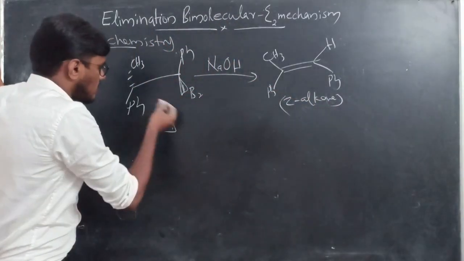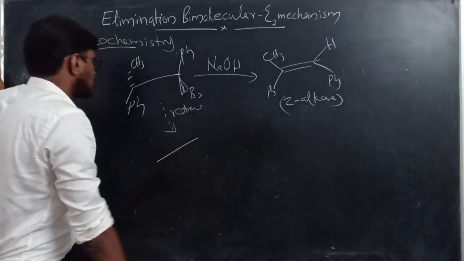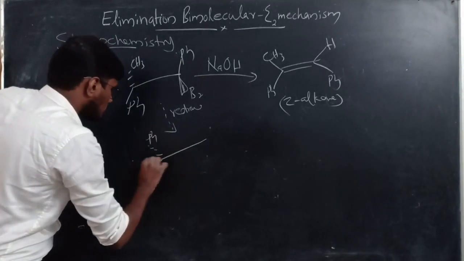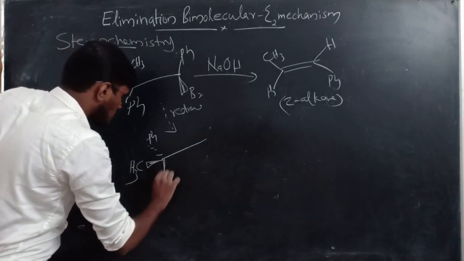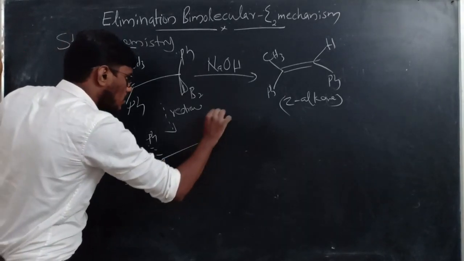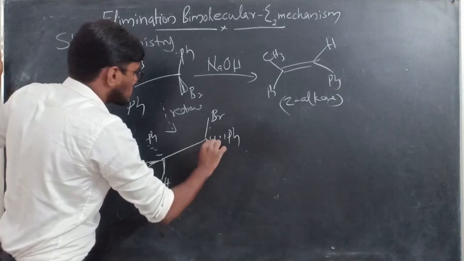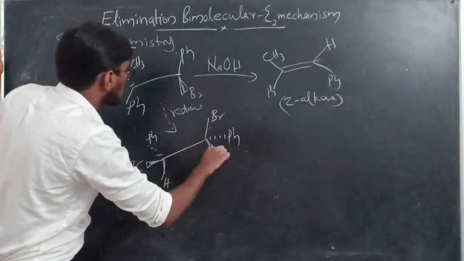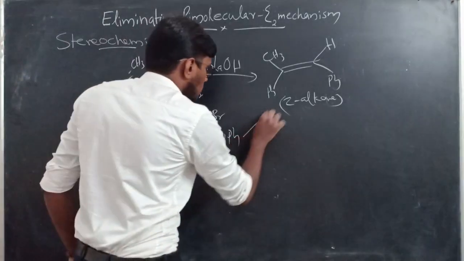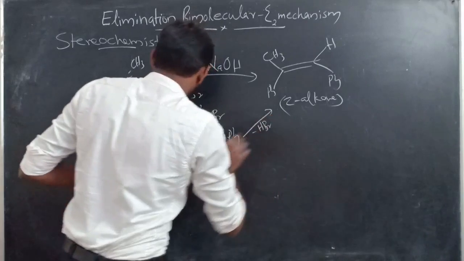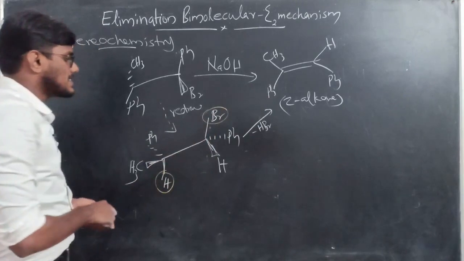Like the previous one, we can redraw this one like this. CH3, here is the H, here is the Br, here is the Ph, and here is the H. Here is the Ph and here is the H. This on minus HBr, E2 elimination, that means this H and this Br eliminate, gives you this Z alkene.